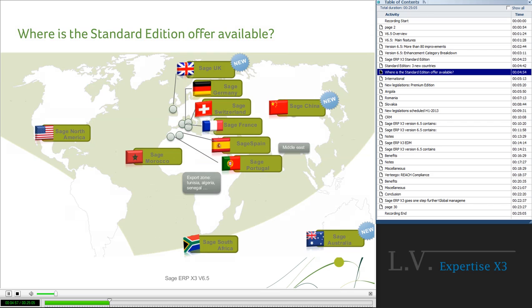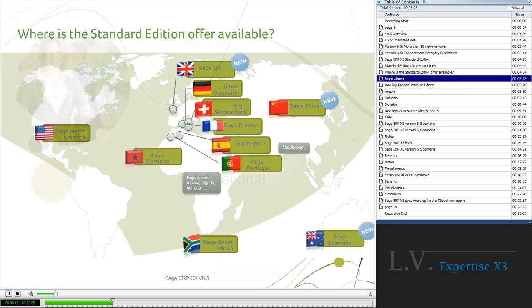With version 6.5, many Sage countries have launched the Standard Edition. Don't hesitate to contact your local manager in order to get more information about content, pricing, and so on.